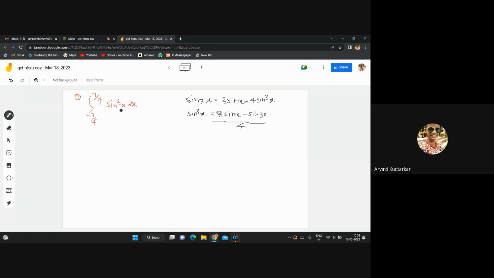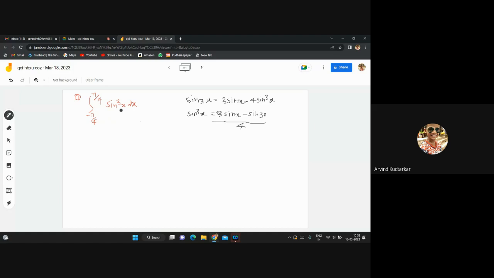We can check the type of function by replacing x by minus x. So why have we decided to check the type of function? Always keep in mind, when in an integral there are symmetrical limits or symmetrical intervals, that is from minus pi by 4 to plus pi by 4, in that case we need to check the type of function.